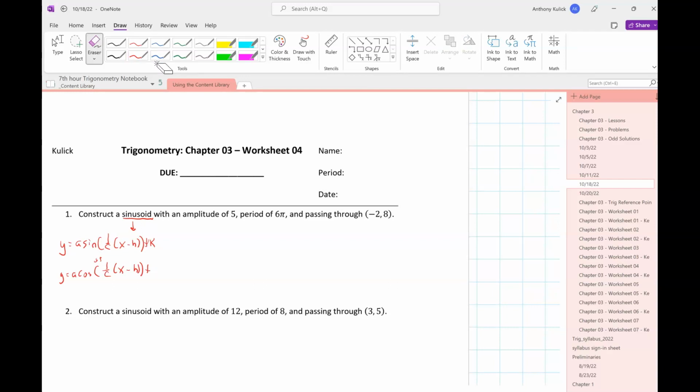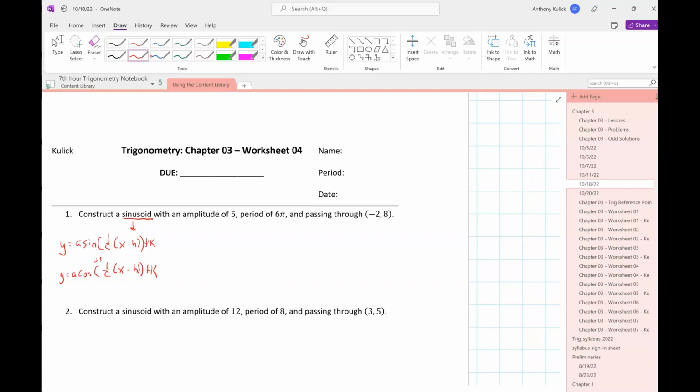So when it says we want to construct a sinusoid, it's talking about an equation in one of these two forms. Does it matter which one you write? No, either can be correct. It's a matter of preference and which one is going to be easier, because sometimes one is easier than the other. Everybody's okay there?